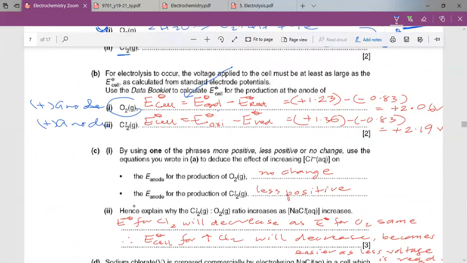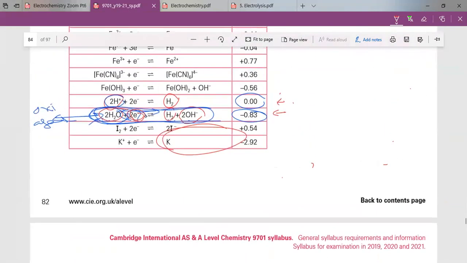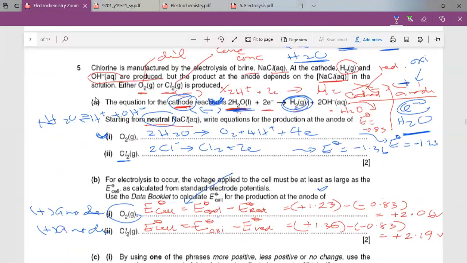And of course, reduction is for the hydrogen one. Remember water as a reduction, the only equation next to your H plus here on top. It's minus 0.83. So it's minus 0.8.